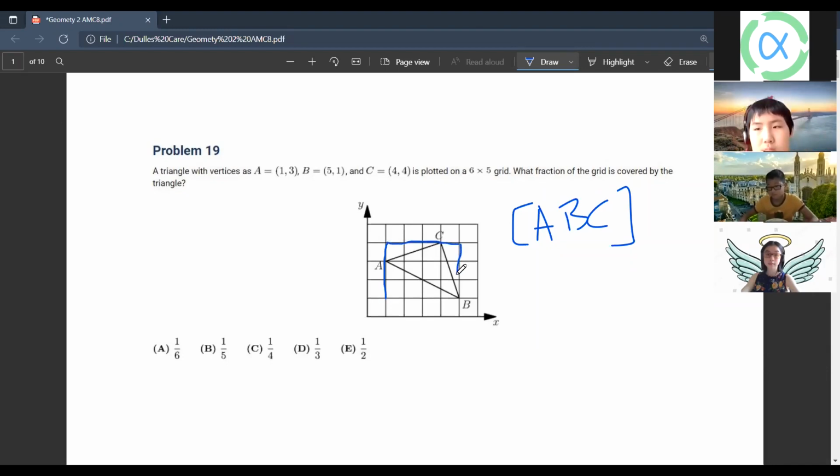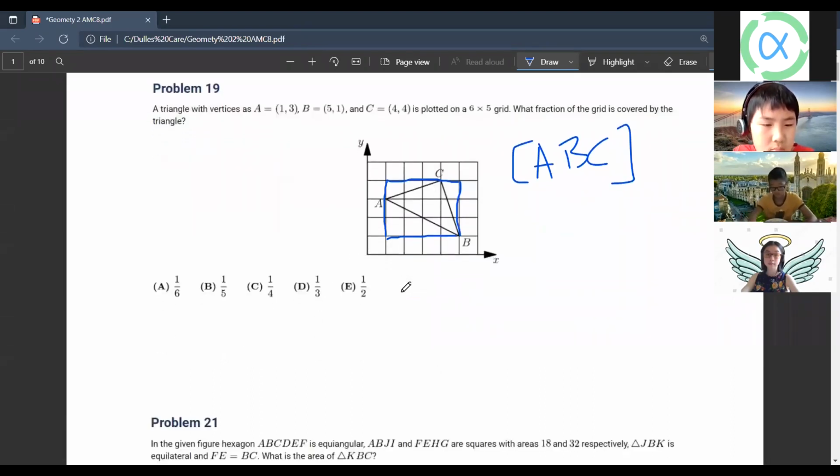Another way, alternatively, is applying what we learned from last week, which is using complementary area. Essentially, we find the area of this rectangle in blue that I just highlighted, that would be 3x4, so that's 12, minus the area of these three triangles.